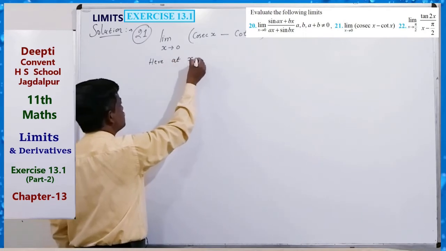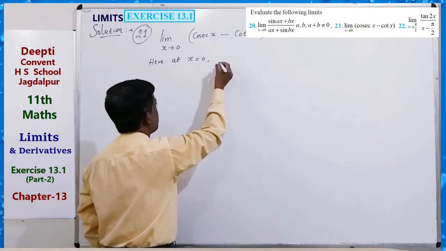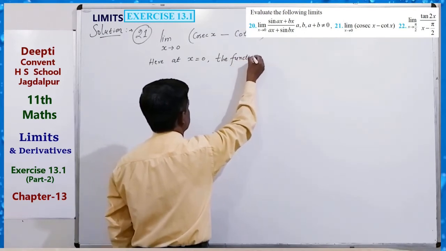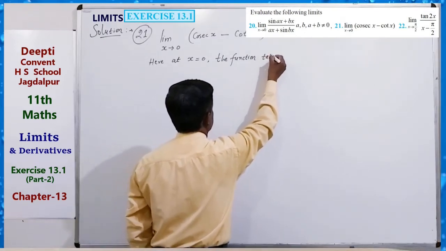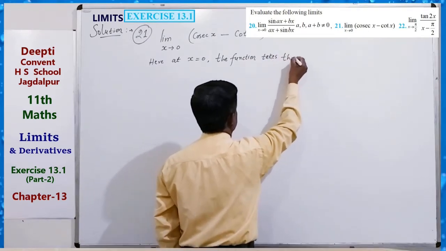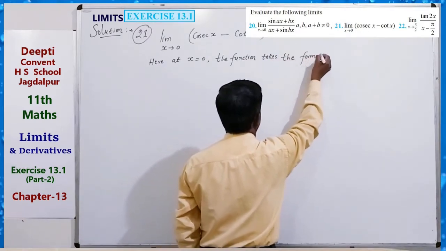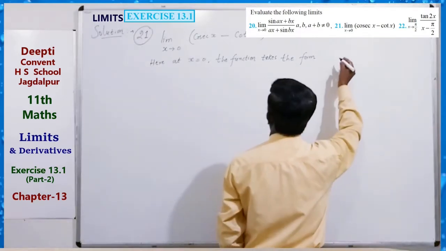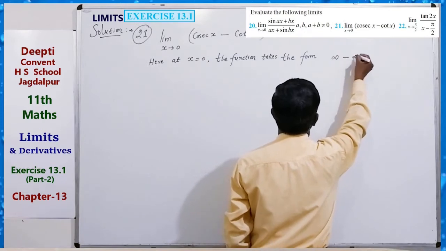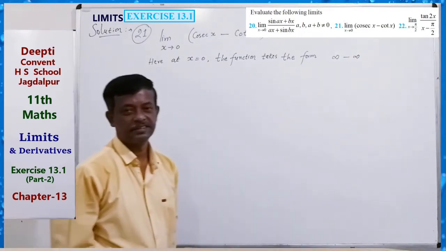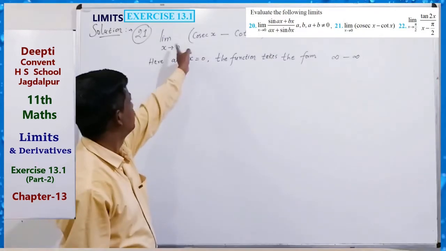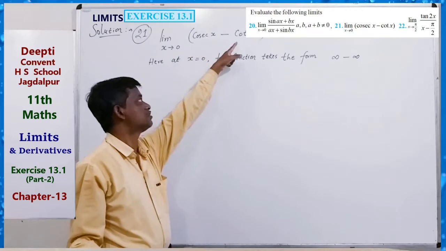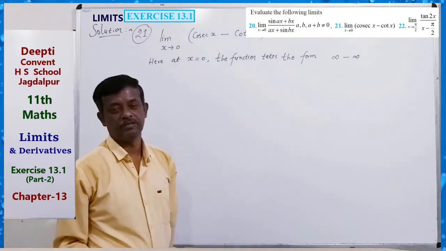Here at x equal to 0, the function takes the form infinity minus infinity. Because this is infinite, 1 by sin 0 is infinite, and cos by sin is also infinite.